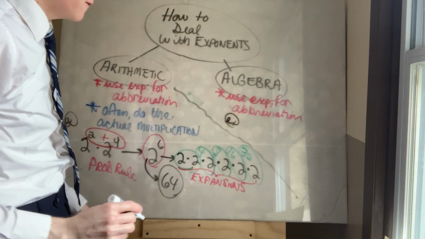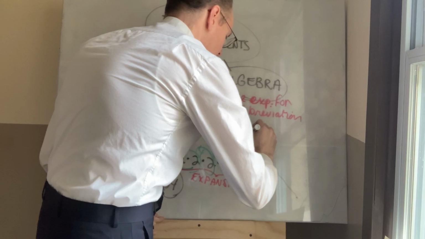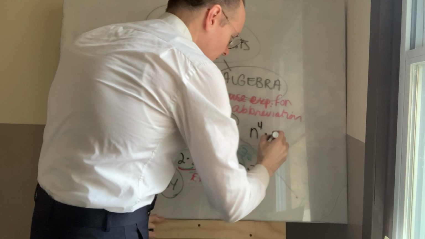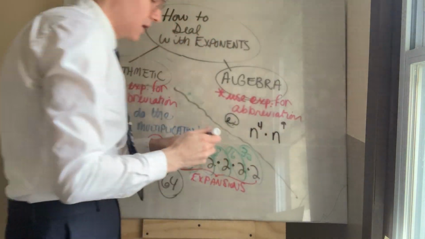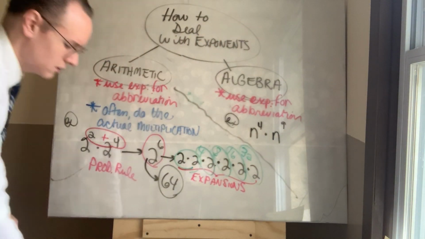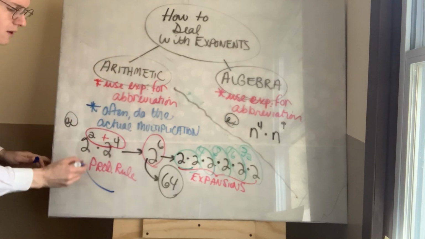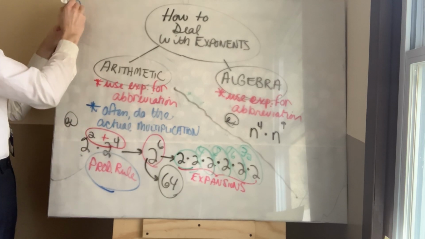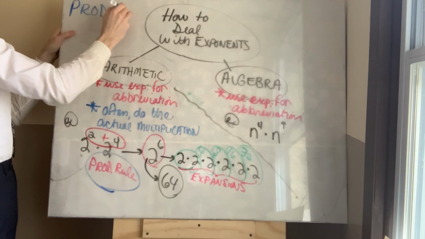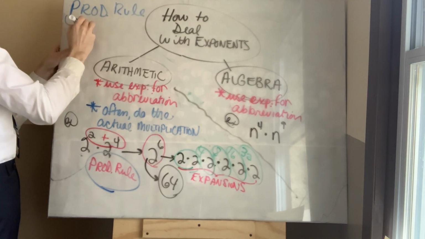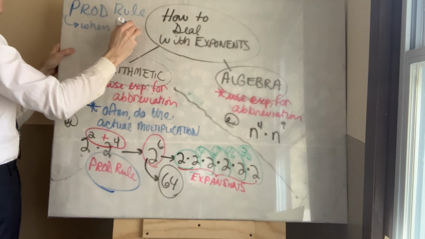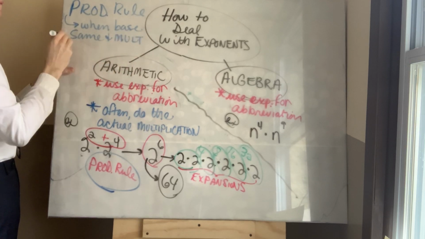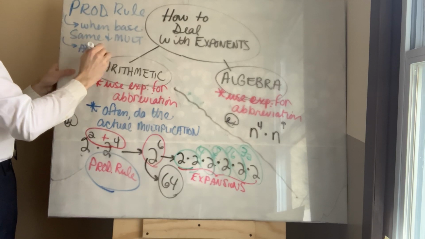If, on the other hand, you were using a variable, let's just say you had n, and I'll use n to the 4th times n to the 9th. All right. Again, according to the product rule, the product rule basically says that when the bases are the same, and they're being multiplied, you add the exponents.